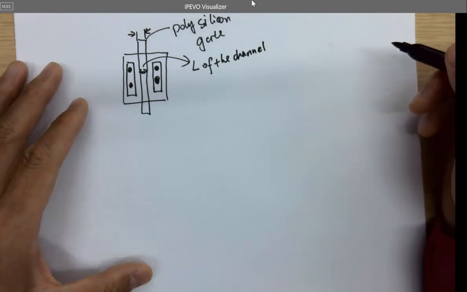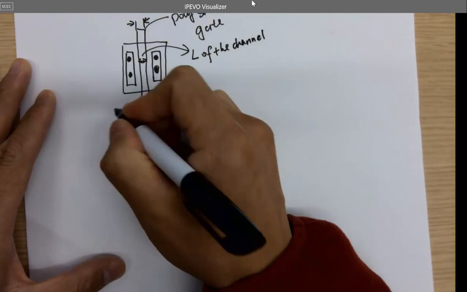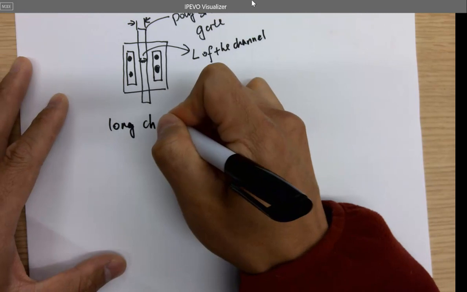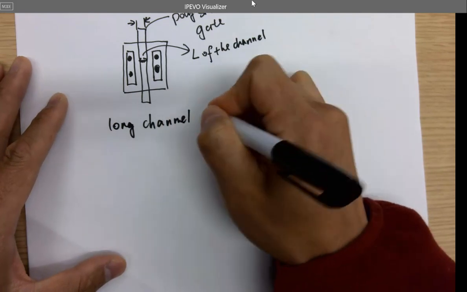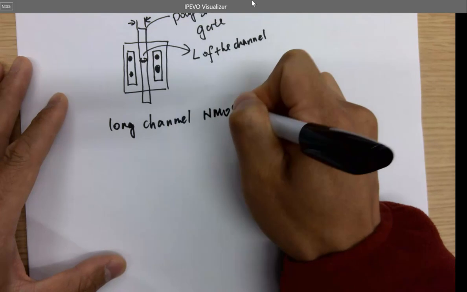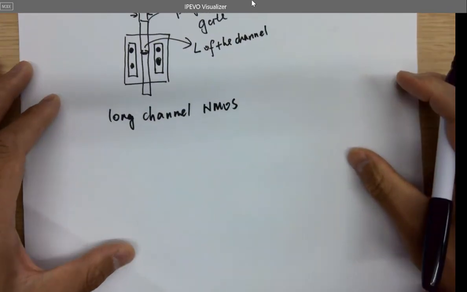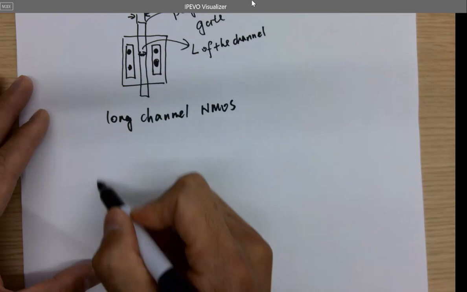Okay. So what if we want to draw a pretty long channel NMOS transistor, for example? You do have wire poly, but it's just taking a lot of space.